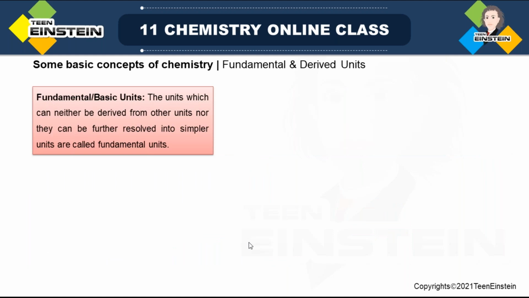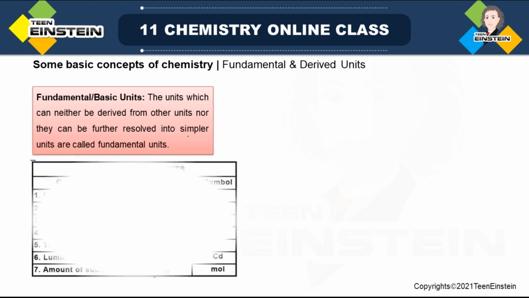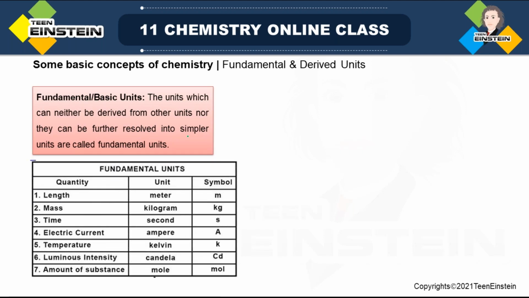A fundamental unit, or basic unit, is a unit which can neither be derived from other units nor be further resolved into simpler units. That is why it is fundamental. Under fundamental units, we have these very common three: length, mass, and time.